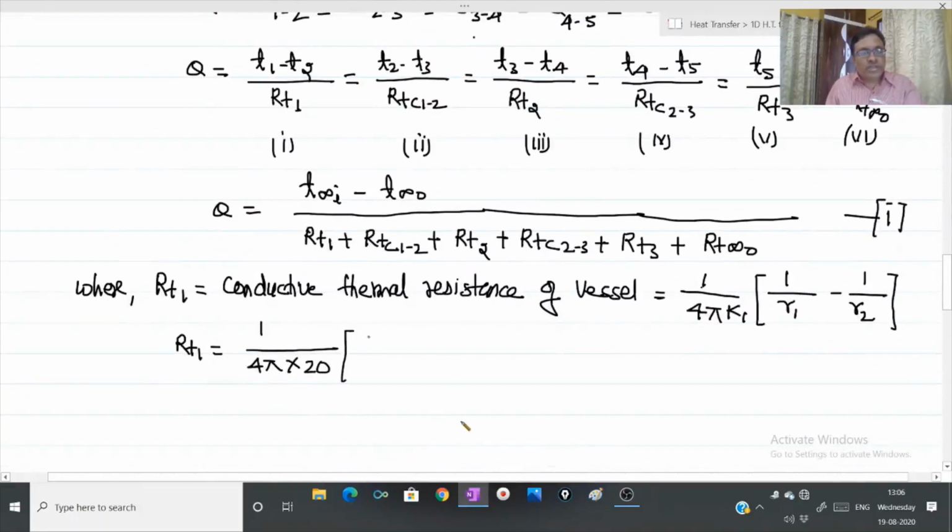Its inner radius R1 is 0.2 and R2 is 0.225 meter. So this way I will get the value of RT1 as 2.2105 into 10 to the power minus 3 Kelvin per watt.